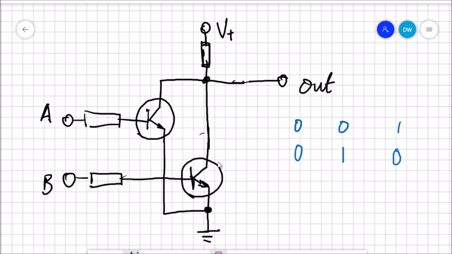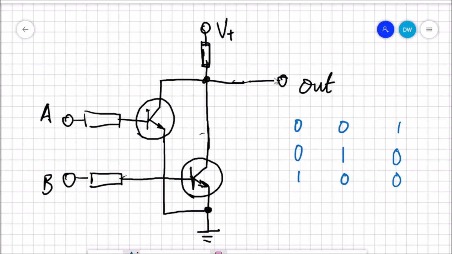Now, similarly, if we turn on A and switch off B, it's exactly the same thing. If a current is applied in A, this transistor turns on, so the current from the voltage source will just go straight into the ground. Once again, nothing will leave out.